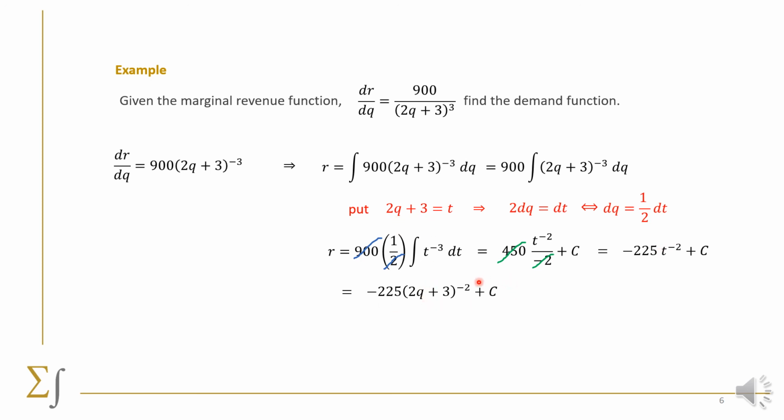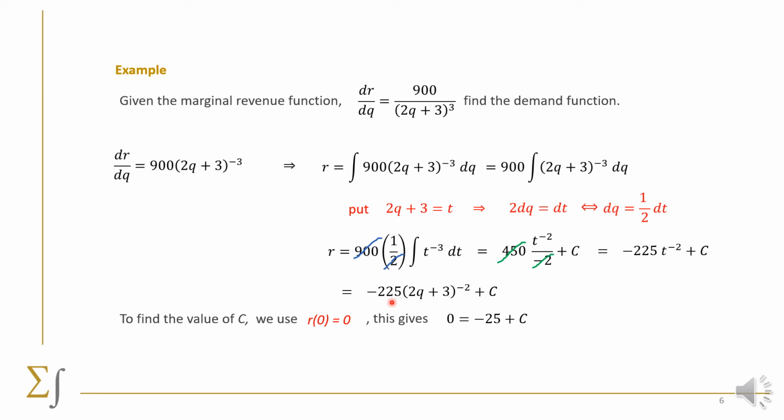Now we are left with finding the constant of integration. In order to find it, we all know that the revenue is 0 whenever the quantity is 0. So to find the value of C, we use that R(0) is equal to 0. This gives us, I put here 0 and every Q I replace with a 0, so 0 is equal to minus 225 times 3 power minus 2, plus C. Here I have 3 power minus 2; I put it down, it will be 3 power 2, which is 9.